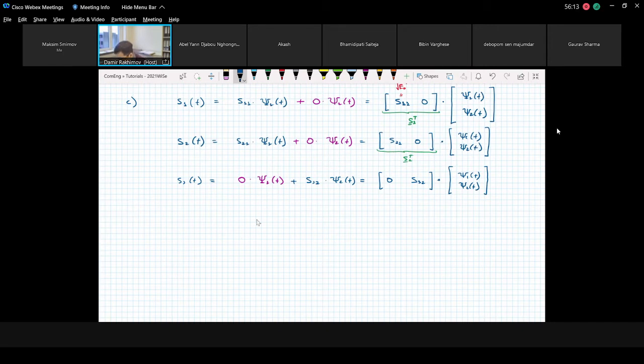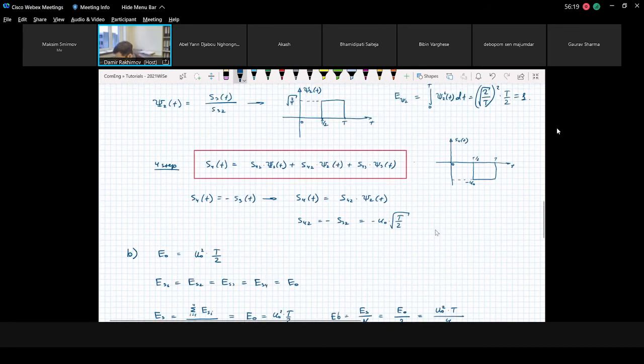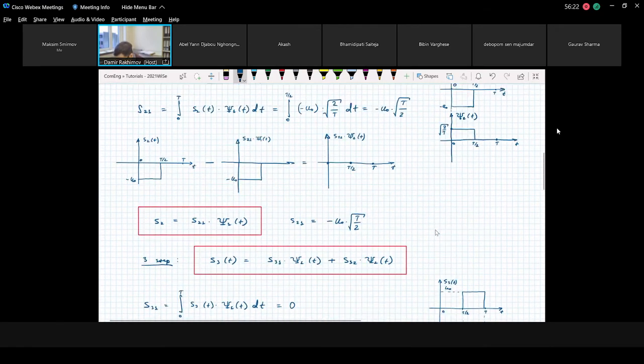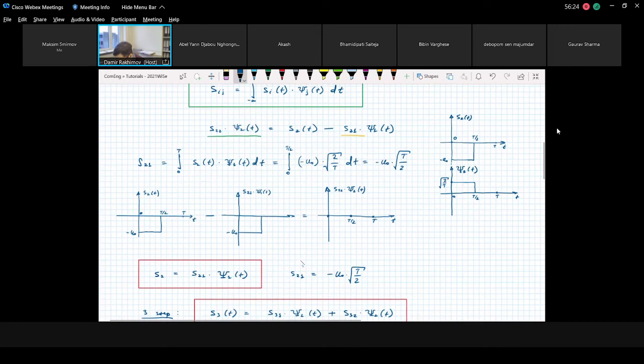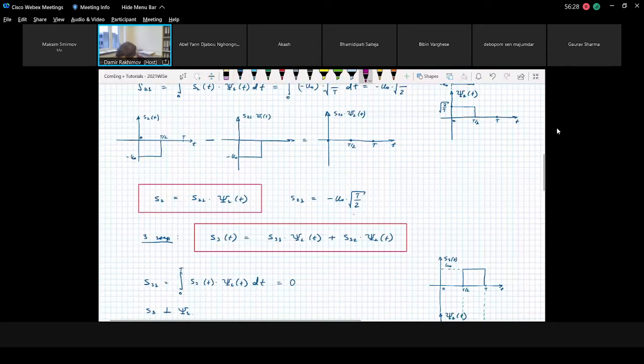Before we go to the last function, actually I should write values for S21 and S32. If we go back, S21 was here. This is S21, and we can write it as minus square root of E0.